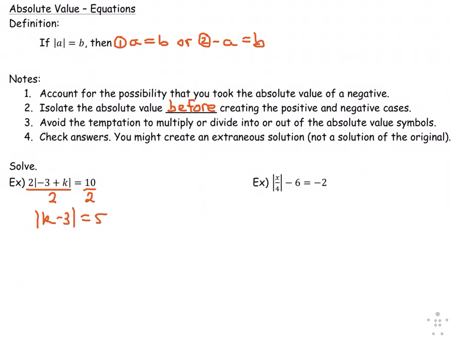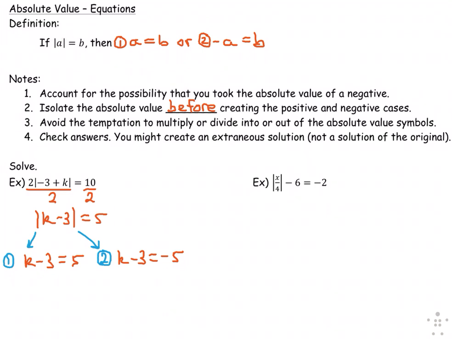So the next step is to apply the definition, creating the positive and negative cases. So now I am finding out that this quantity here has a distance of 5 on the right side of the number line from 0, and this quantity here has the distance from 0 on the left side. Now, you might try to call me out and say that I put the negative on the wrong side, because by definition I'm saying that the inside could have been positive or negative before taking the absolute value.